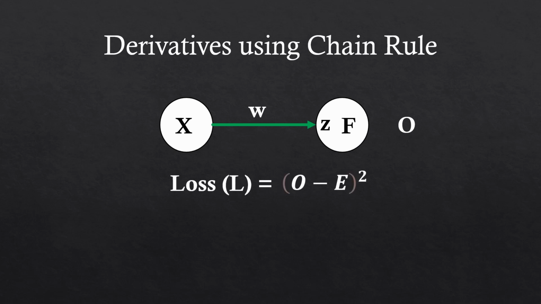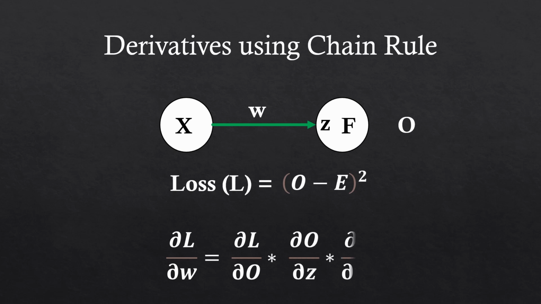We want to find the derivative of the loss function with respect to the weight W. Using the chain rule, we can calculate this as ∂loss/∂O times ∂O/∂Z times ∂Z/∂W. Because the loss function depends on the model output, which in turn depends on the pre-activated output because of the activation function, and the pre-activated output depends on the weight W.